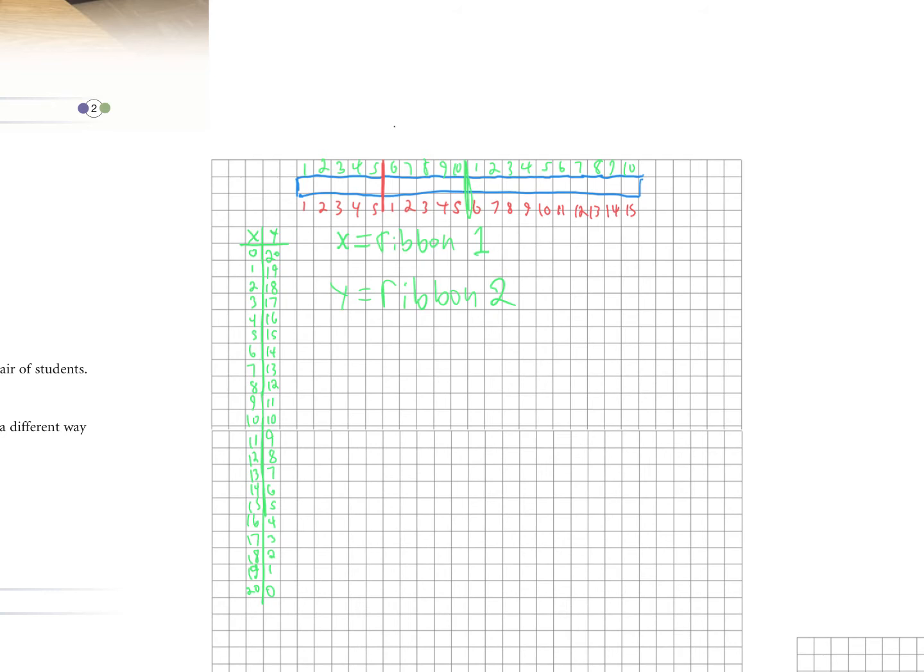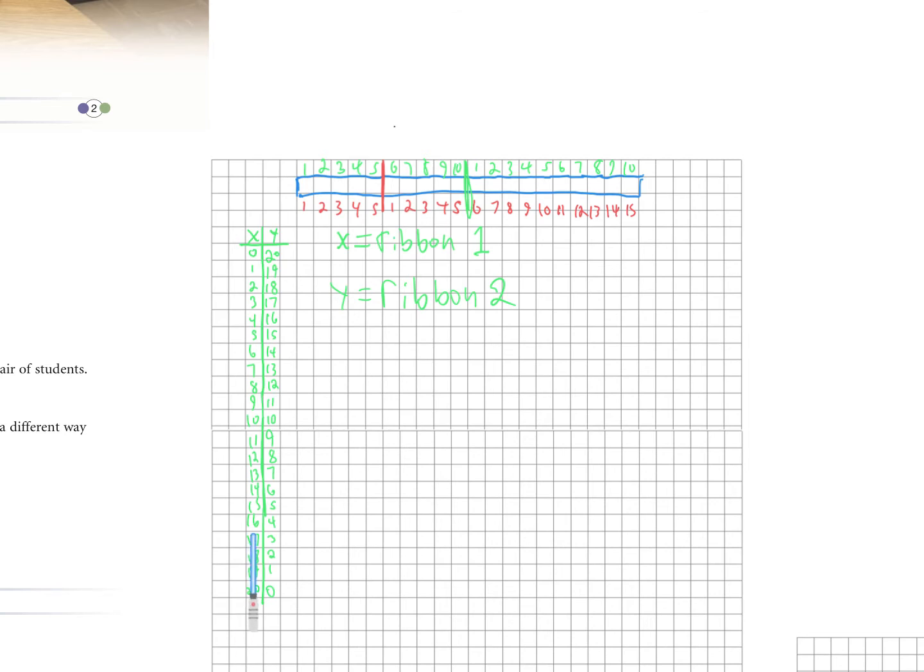And now, this is one of those situations where I always say that x is the independent variable and y is the dependent variable. But since we have a closed system here where we have 20 as our maximum and 0 as our minimum, and it doesn't keep going in all directions, really, x and y both depend on each other. I can't have a situation where x is 3 and y is 42. Every time x is 3, y has to be 17, but the reverse is true.